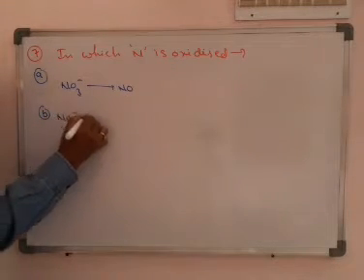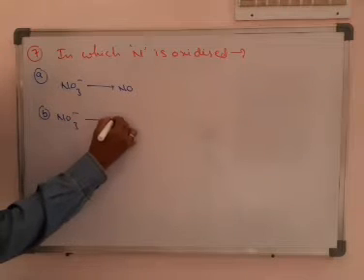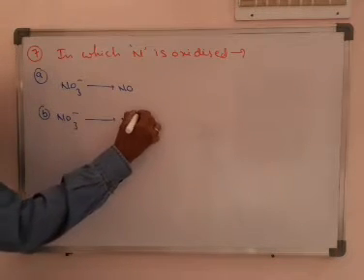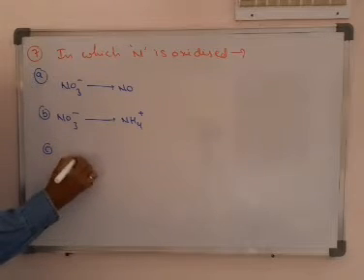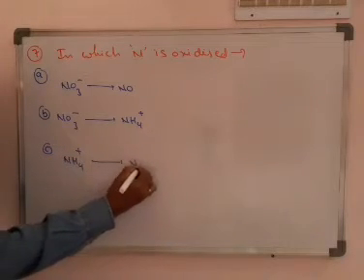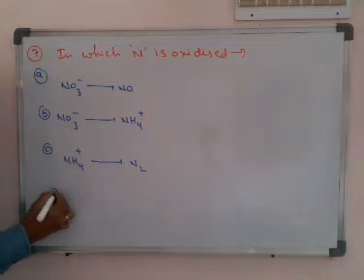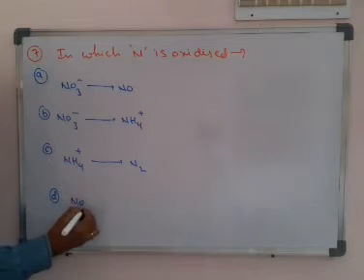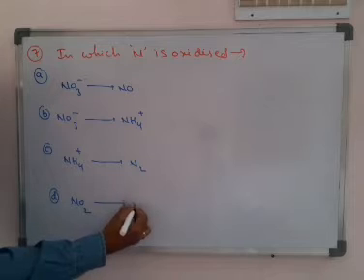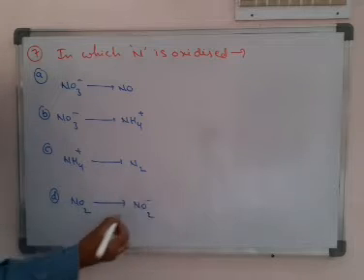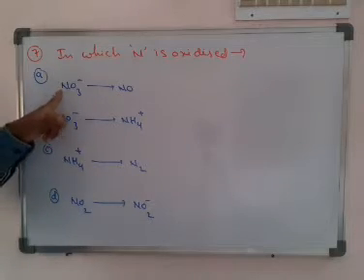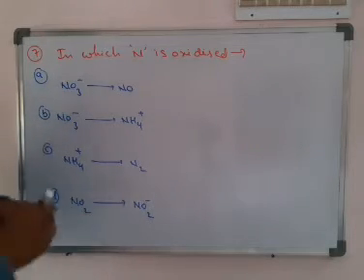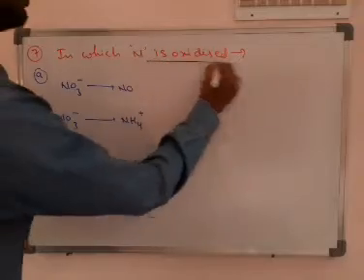Next, nitrate ion becoming ammonium ion. Next, ammonium ion changing to nitrogen. Then nitrogen dioxide changing to nitrite. We will check all options. We have to see the difference: this is nitrate, this is called nitrite. So in which is nitrogen oxidized?